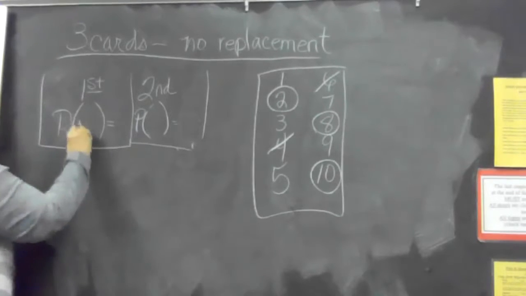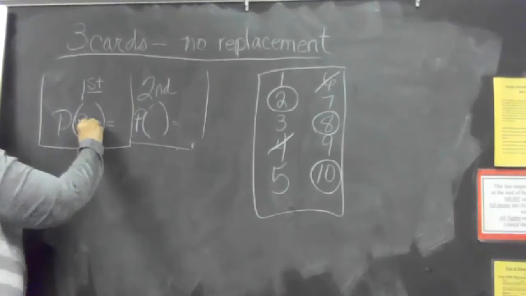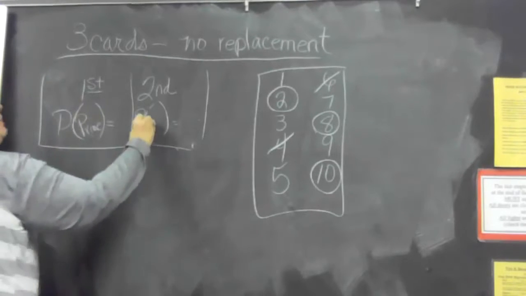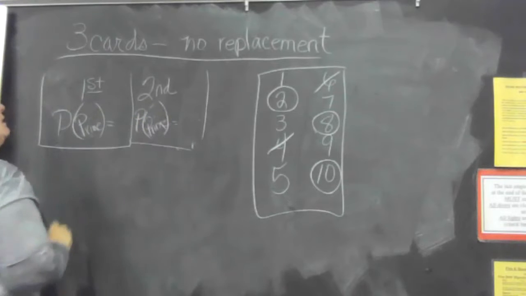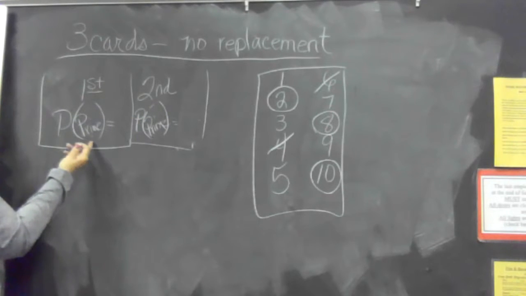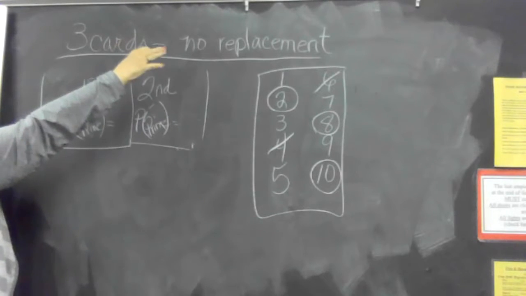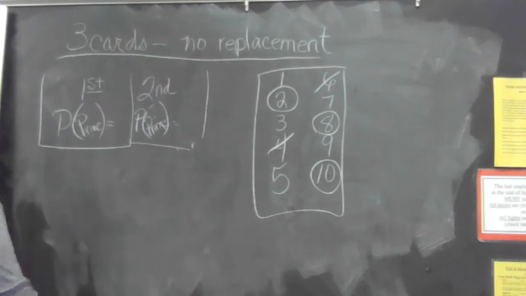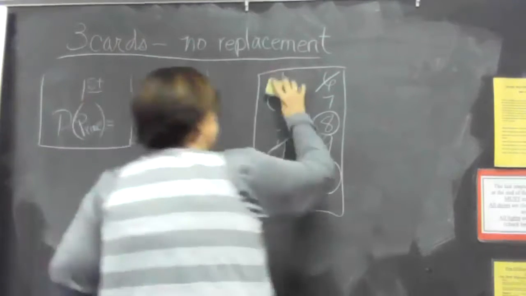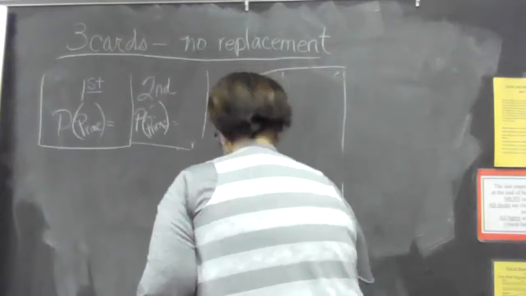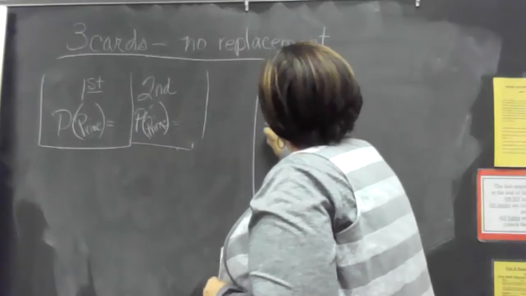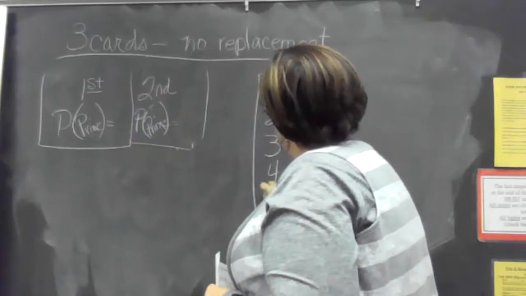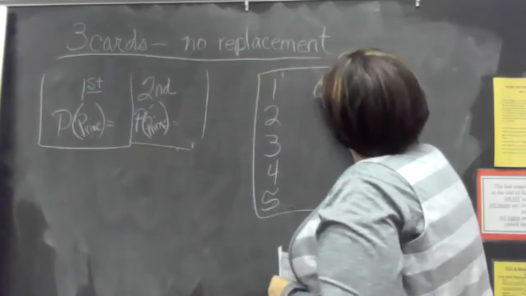So they want the probability of a prime here, and then a prime here. They said everything is the same in the instructions, so when I draw a prime here, I'm not going to put it back in the box. So let's erase all the circled and stuff that we have. We're starting again with our box full of 1, 2, 3, 4, 5. Now remember what prime is.